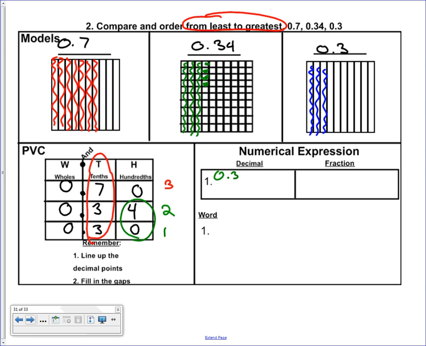Let's go back to what you originally said. 3 tenths is less than 34 hundredths, which is less than 7 tenths. That's a fraction. 3 tenths less than 34 hundredths, which is less than 7 tenths. In word form, just read it.